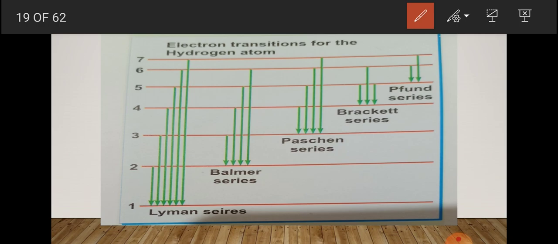The hydrogen spectrum consists of several lines named after their discoverer. Balmer showed on the experimental basis that the visible lines of the hydrogen spectrum obey this formula.